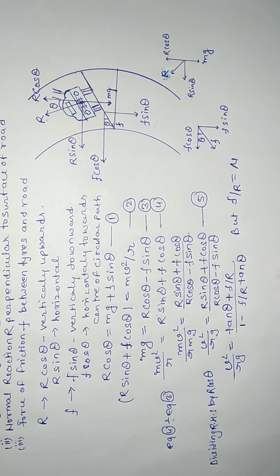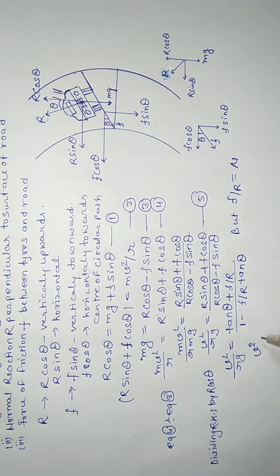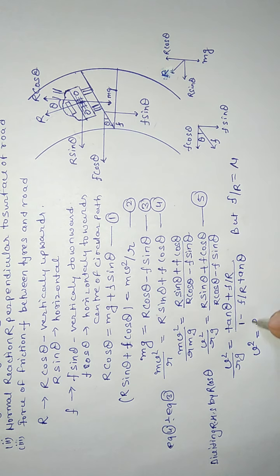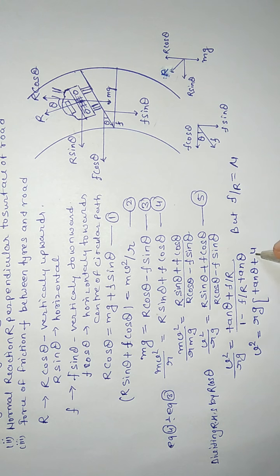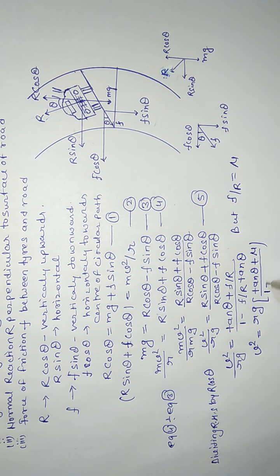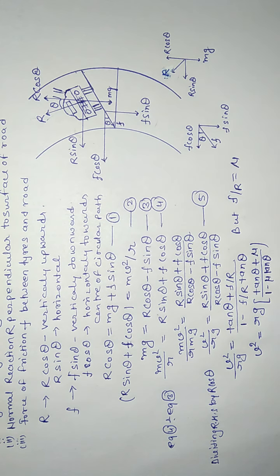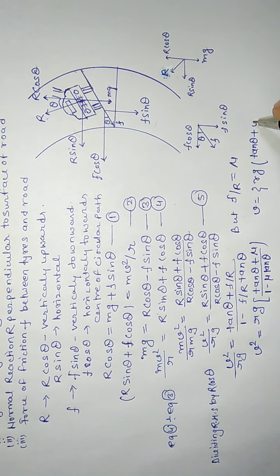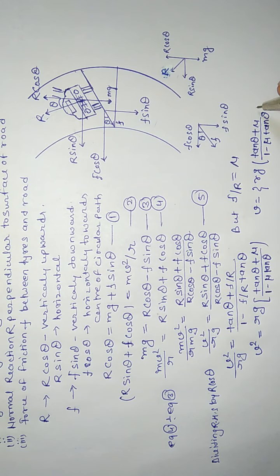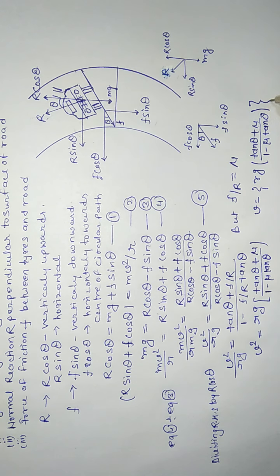So by substituting this value, we will get v square is equal to rg (tan theta plus mu) upon (1 minus mu tan theta), or v is equal to [rg (tan theta plus mu) upon (1 minus mu tan theta)] to the power half.